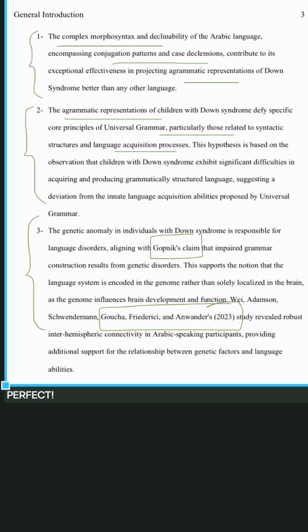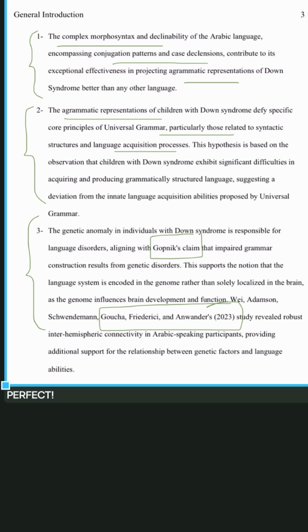So this makes the hypothesis more precise and shows a clear pathway for testing, especially with current neurological tools and methods, etc. And of course, it does enhance argumentation, because including references strengthens the argument that language abilities are not solely located in the brain but have a genetic foundation. This is a very well established hypothesis, a very well formulated hypothesis.